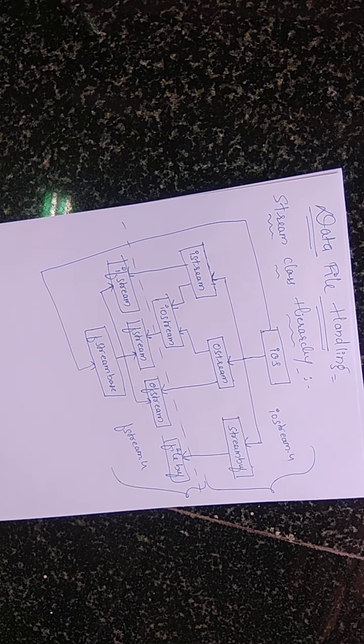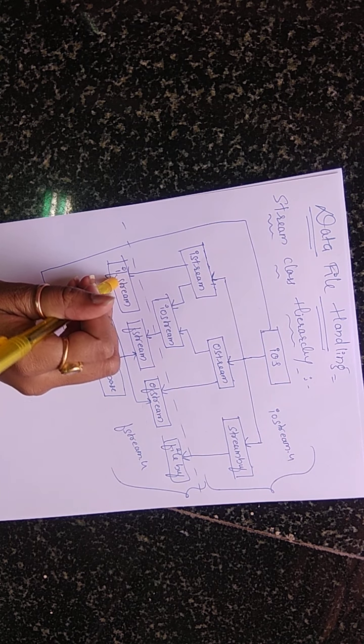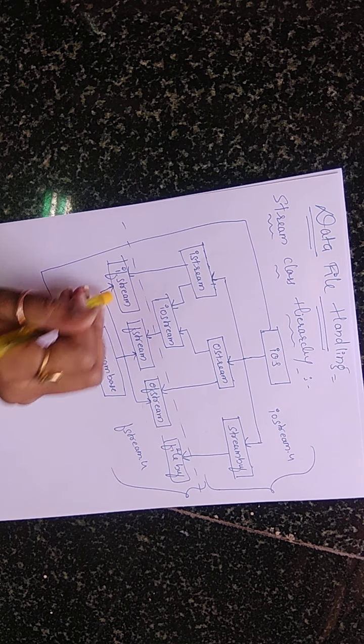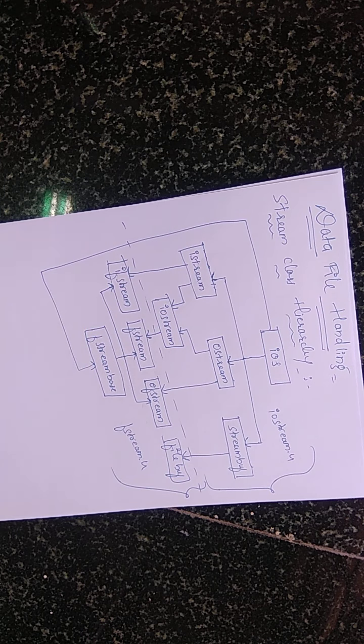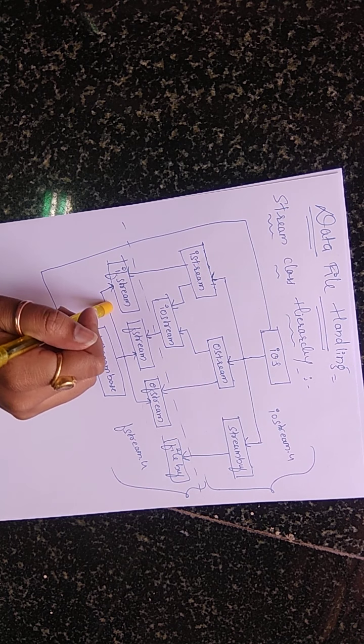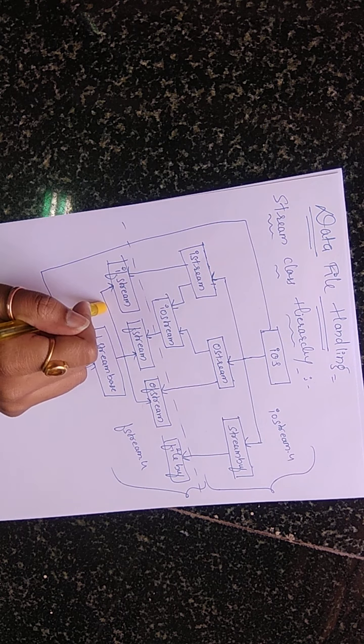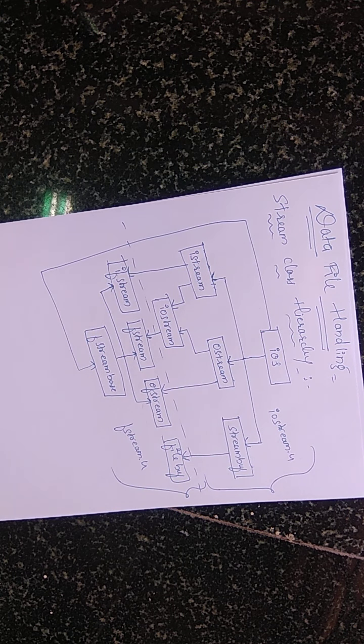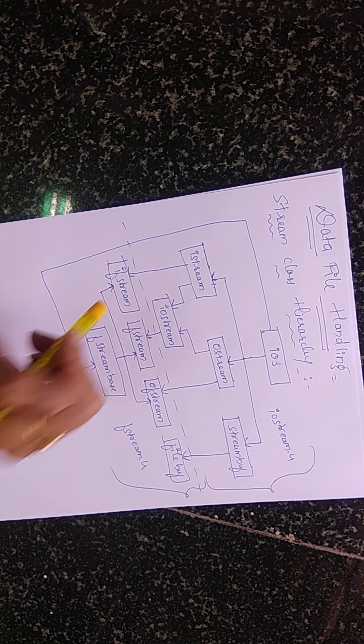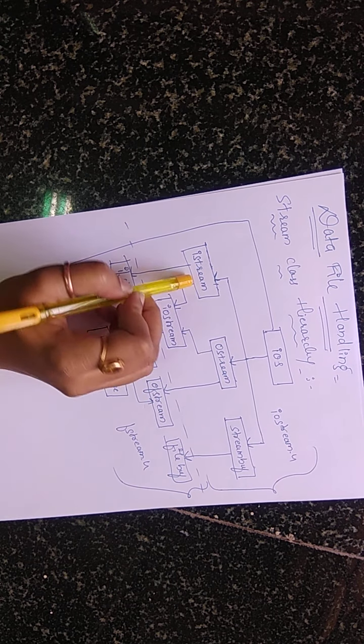Next we have ifstream. The ifstream class is used to read the data from files. When you want to read the data from the files, that time we use this ifstream. It provides the input operations for your file. When you want to perform any input operations on your file data, that time we use this ifstream. And it inherits some functions from this istream class.